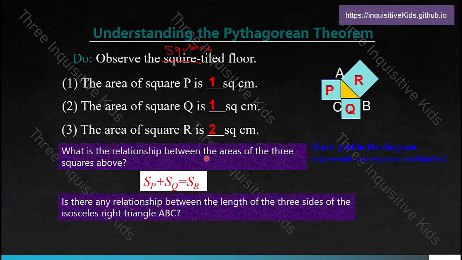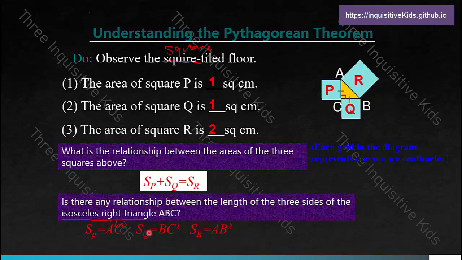Is there any relationship between the lengths of the three sides of the isosceles right triangle ABC? Alright, so in here it noted that it was an isosceles right triangle, and it was a right triangle. So there's a relationship between the lengths of the three sides. So these would be the isosceles sides, and it's a right triangle. So the area of square P is equal to AC squared.